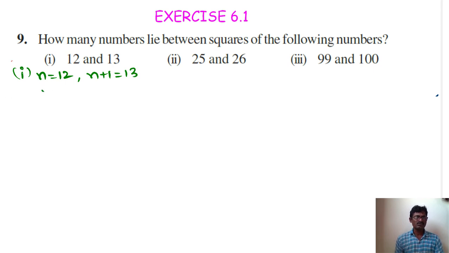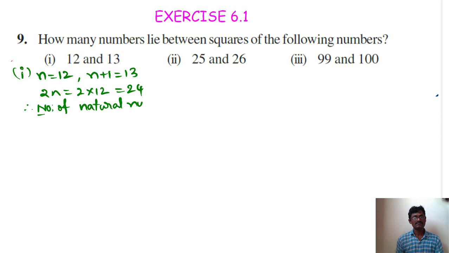So we get 2n equal to 2 times 12, which is 24. Therefore, there will be 24 natural numbers between 12 square and 13 square.